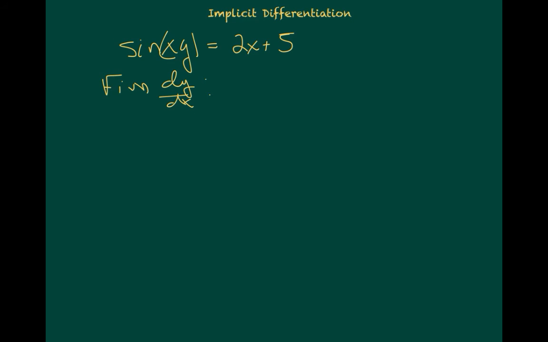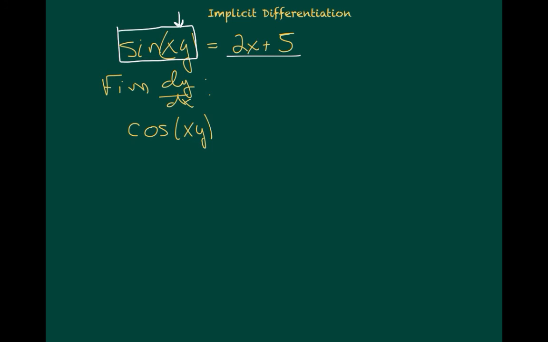Okay, this again is going to involve the chain rule because x and y are a product inside of the sine function. So we're going to have the product rule going on inside the sine function. So we have chain rule too. Then the right side should be pretty straightforward. Okay, the derivative of sine is cosine, and of course we don't change the inside.